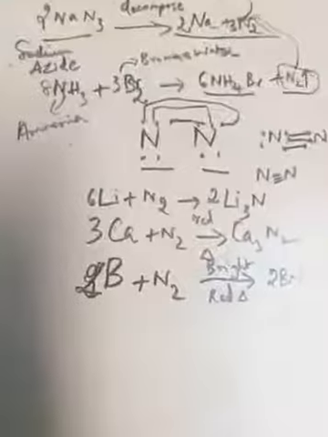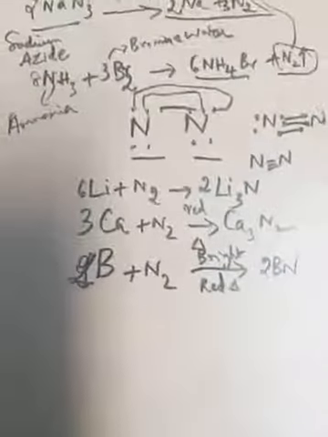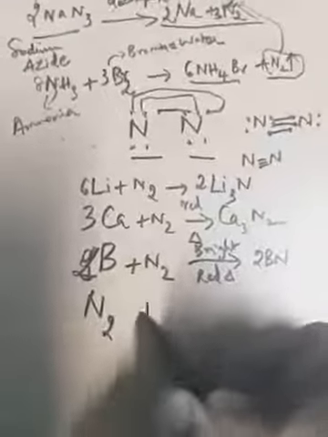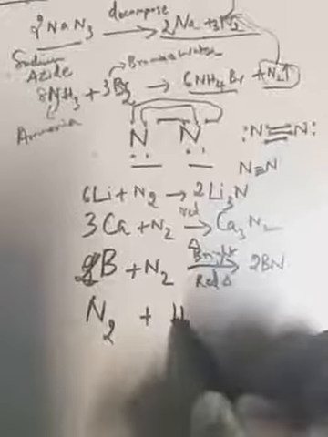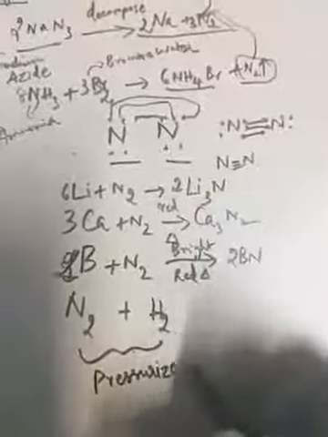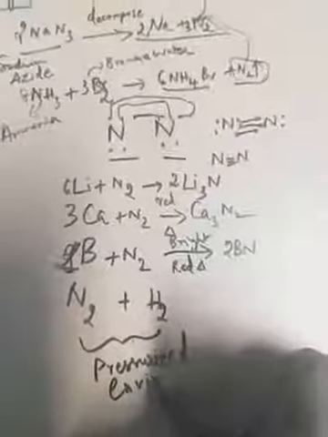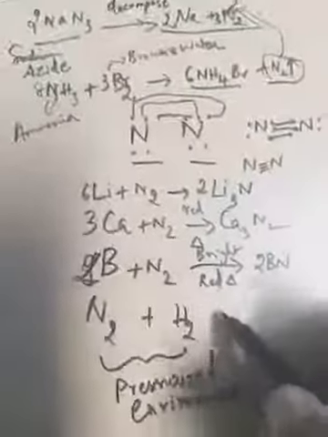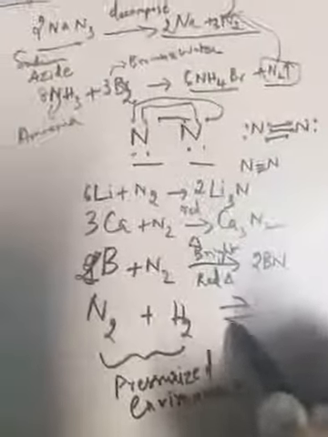Now, what will happen when nitrogen is added with hydrogen? It forms ammonia, which we all know is useful for various purposes and lab purposes. Nitrogen won't simply combine with hydrogen. It should be in a pressurized condition, then only we will get ammonia, and it is a reversible process.